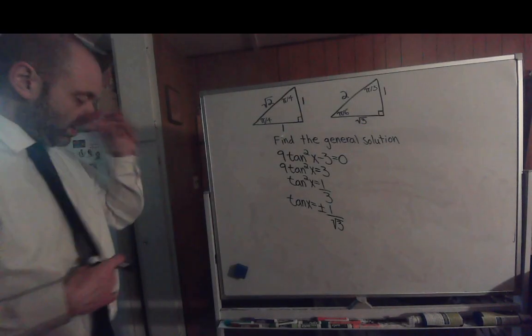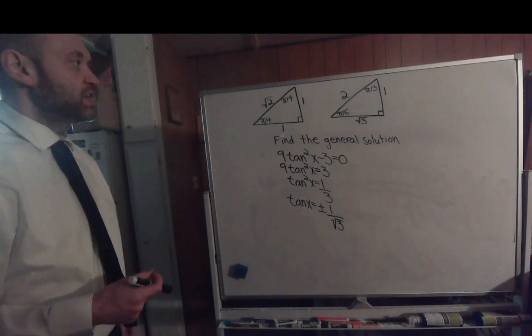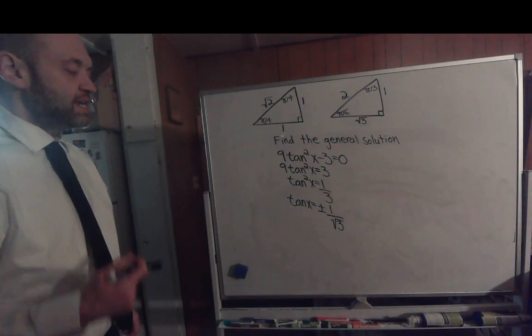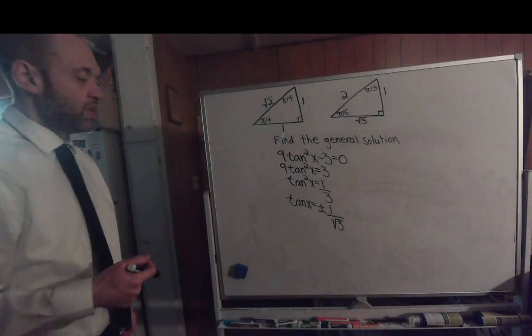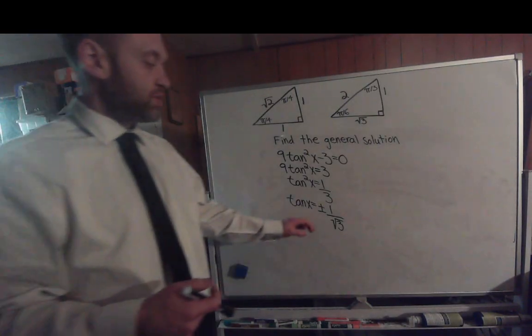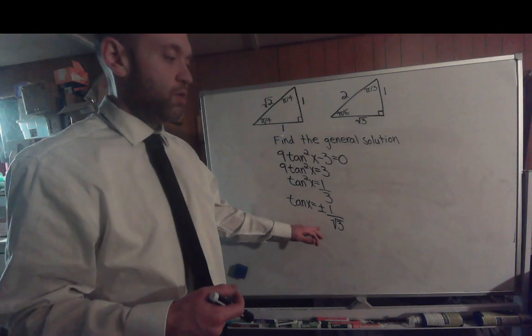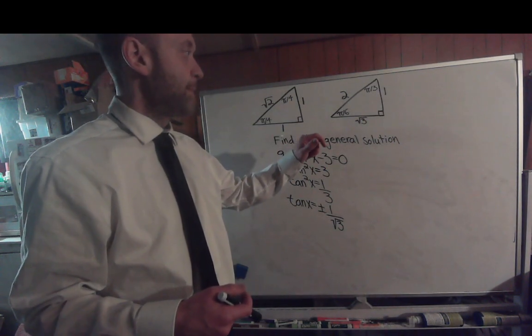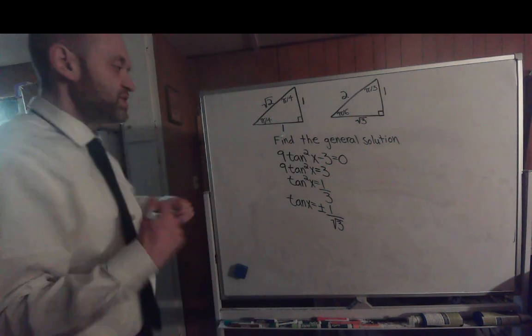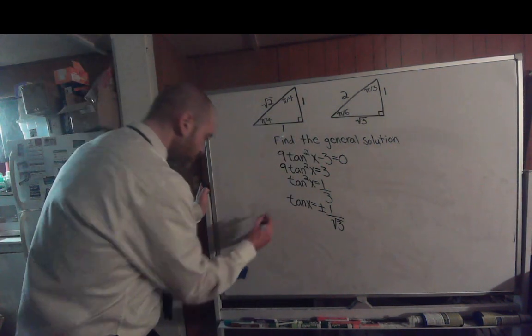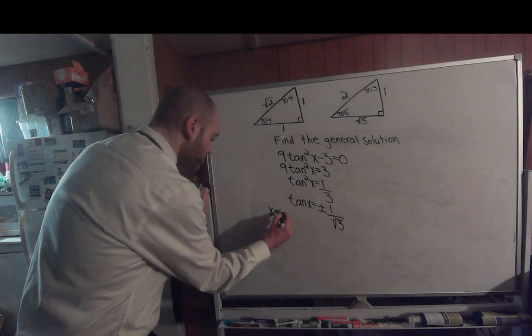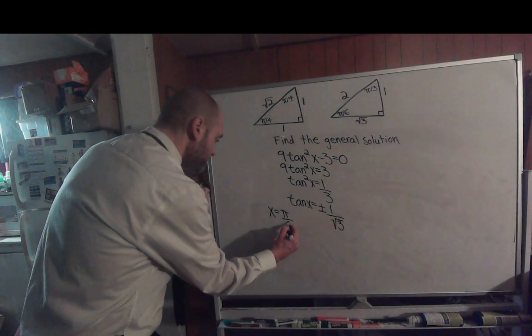Well, okay, where does the tangent tend to equal multiples? What multiples give you positive 1 over the square root of 3? That'd be pi over 6, right? X would equal pi over 6.